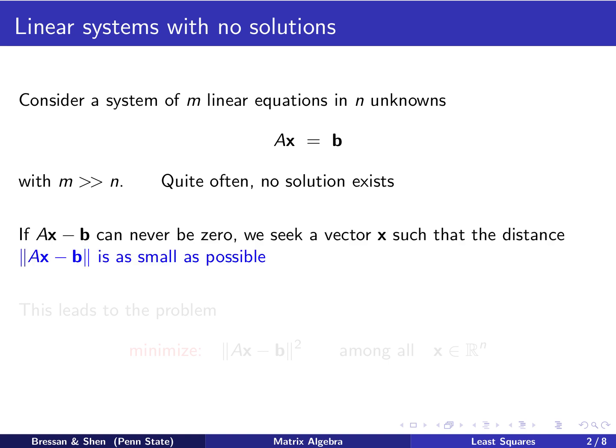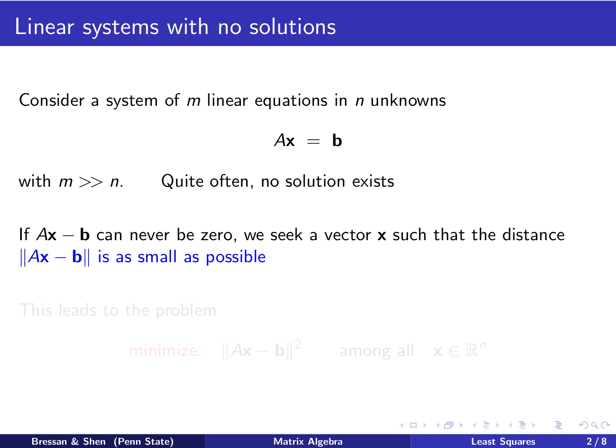If there were a solution x, then we have Ax equal b, and that implies that Ax minus b would be a zero vector. Here we're in the situation that this can never be a zero vector. If this can never be zero, then we look for the next best thing.